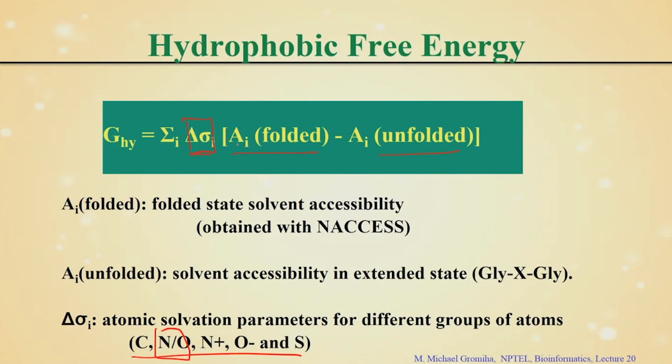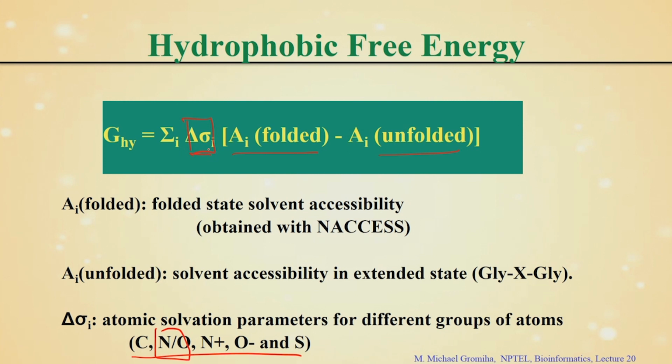Can we get the folded state accessibility? You can get it for each atom. Which algorithm can we use? DSSP? No, we cannot use DSSP because it gives you residue-wise values. NACCESS we can use, or GETAREA, for each atom. So, we have the value for the folded state and the value for the unfolded state, and if delta sigma_i is known, you can calculate the hydrophobic free energy.